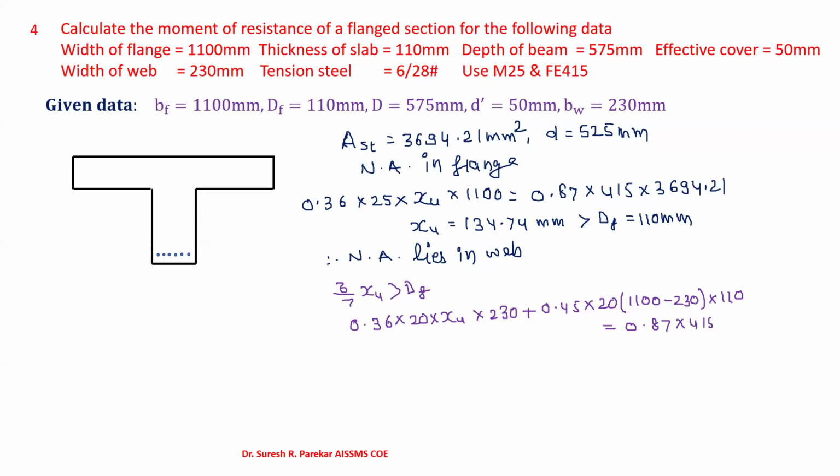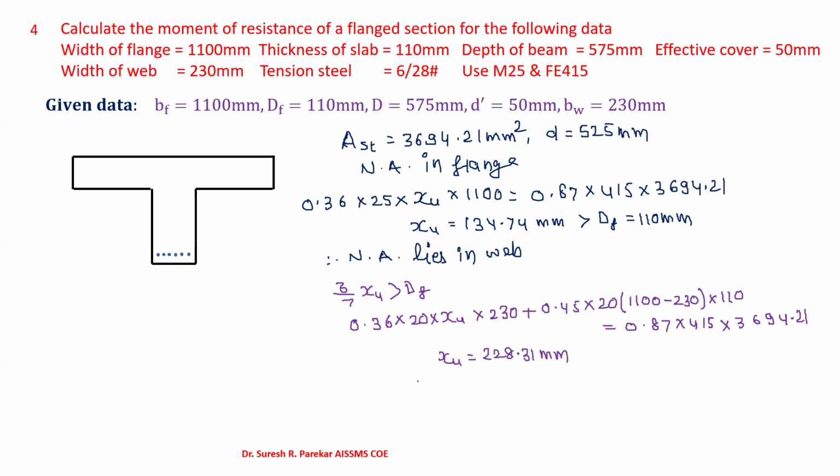which is equal to 0.87 fy, fy is 415, Ast is 3694.21. And by this, we are going to get value of Xu, which is equal to 228.31 millimeter.